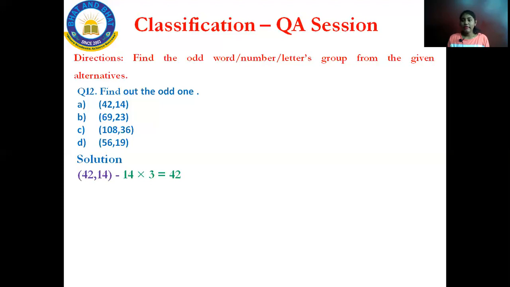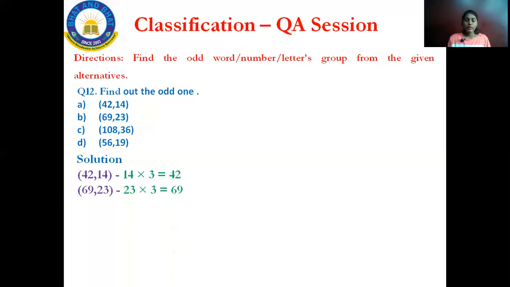Now see, they have given pairs of numbers. We'll start with the first pair, 42 and 14. 14 ones are 14, 14 twos are 28, 14 threes are 42. Both 42 and 14 come in the table of 14, that is, multiples of 14.